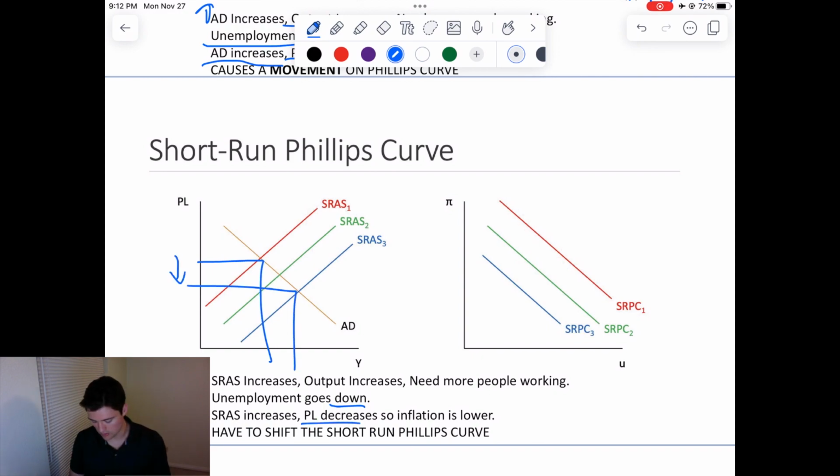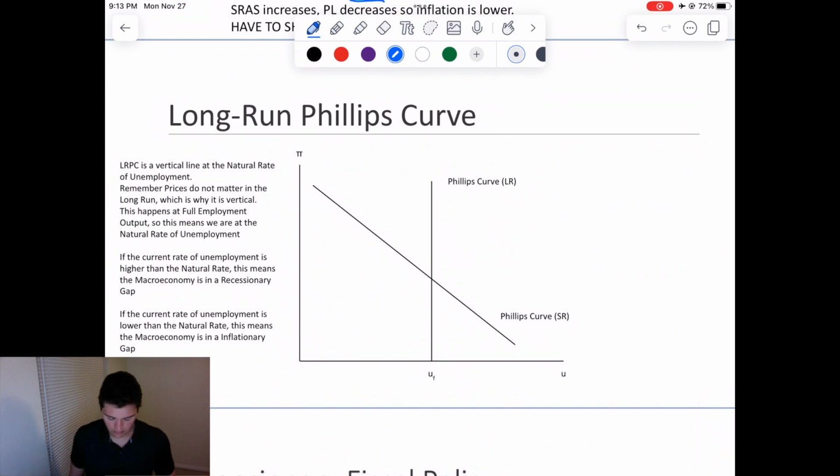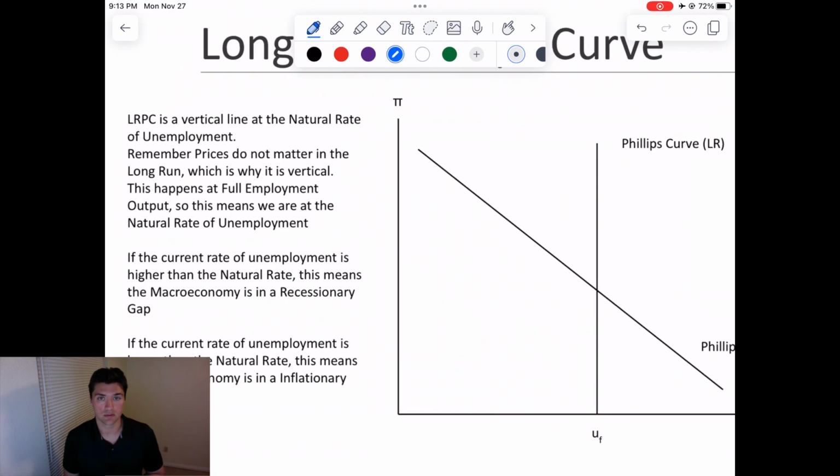So we would have a shift to the left on the Phillips curve. And finally, the long run is really where it tells you where you're at. So the long run Phillips curve is a vertical line at the natural rate of unemployment. Prices do not matter in the long run. Okay, that's why it's vertical. This happens at the full employment output.